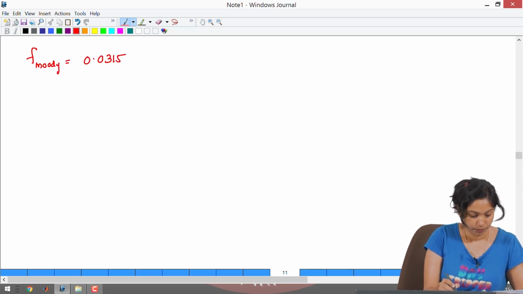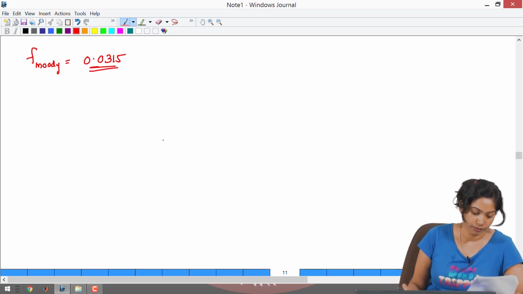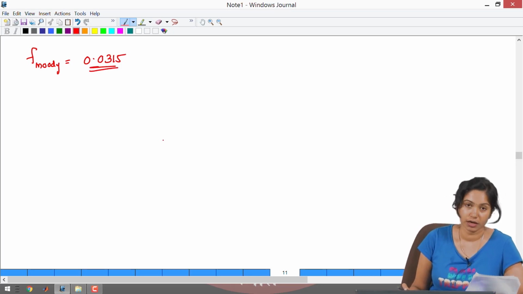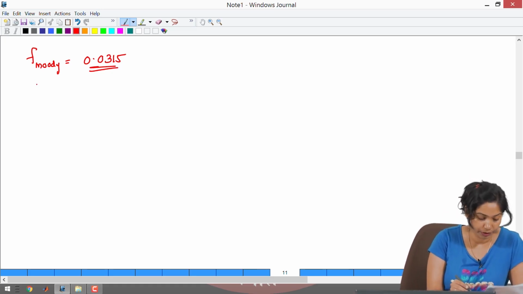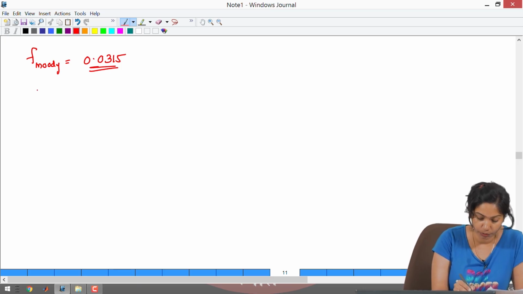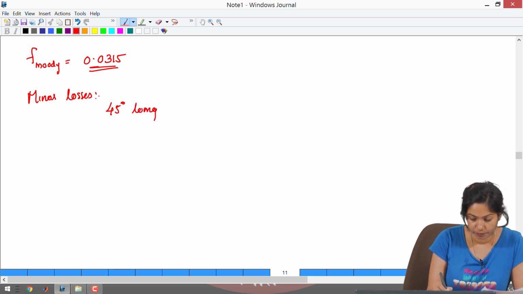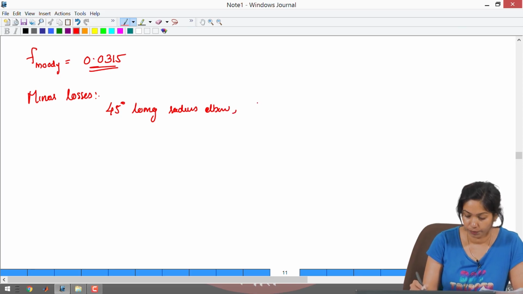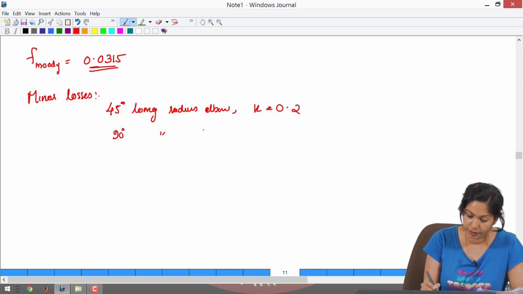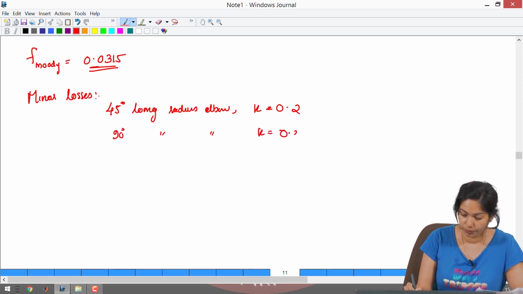And there are minor losses, which can be listed. For 45 degree long radius elbow, K equal to 0.2. Similarly, for 90 degree, K equal to 0.3.